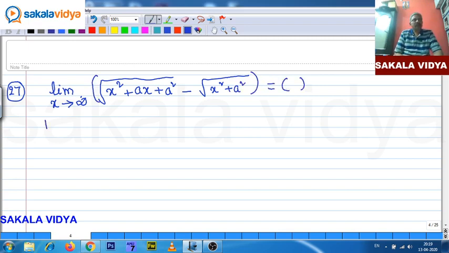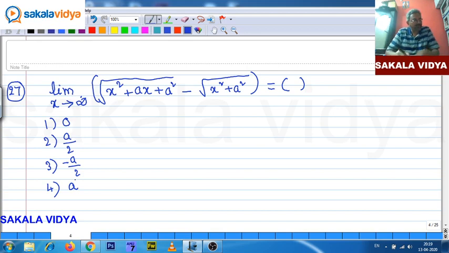First option is 0, second option is a by 2, third option is minus a by 2, fourth option is a. This is the question.